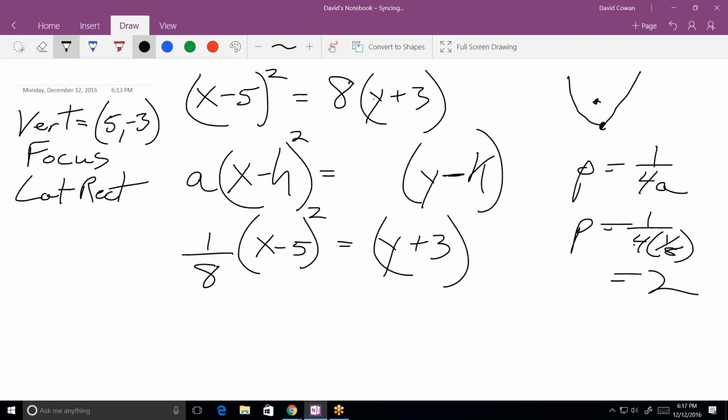So what are the coordinates of my focus? 5 comma negative 1. Good. Do they want the directrix? Yes, the equation of the directrix. y equals negative 5.